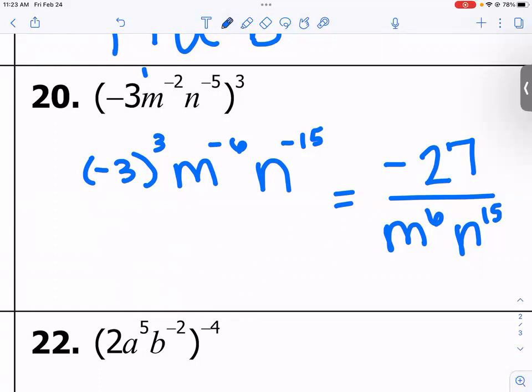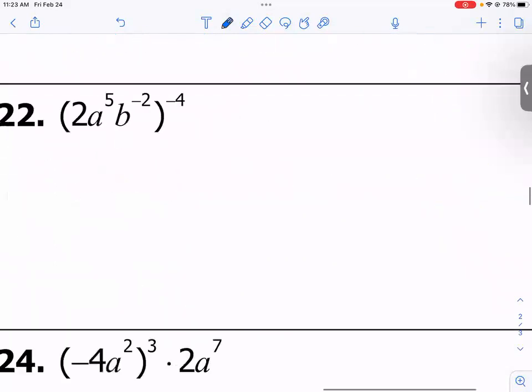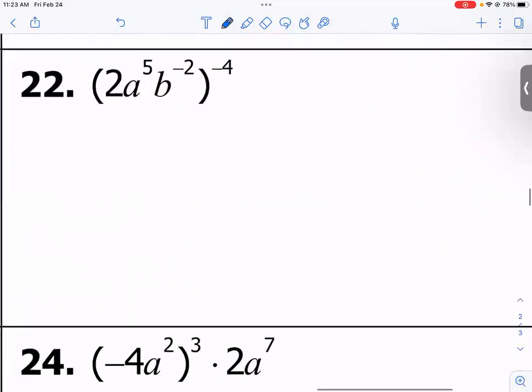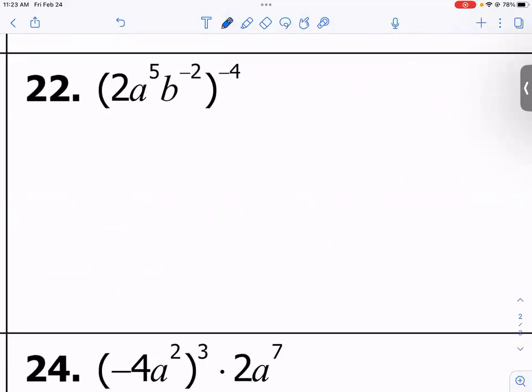We're going to do number 22 and then the rest of the time can be for homework. Okay. In number 22, this is a little bit different because we have that negative exponent. Okay. So this is what I'd like you to do. Let's just go one step at a time. We have 2 that gets the -4th power. We have a, we need to multiply those exponents.